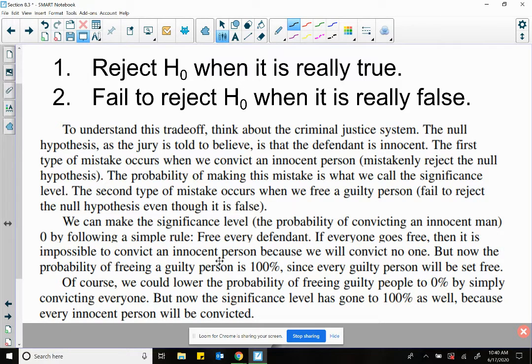It's impossible to convict a guilty person too, because we'll convict no one. So, in other words, if we can't convict anyone, then the probability of a guilty person going free is 100%.